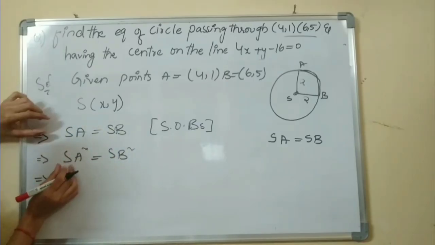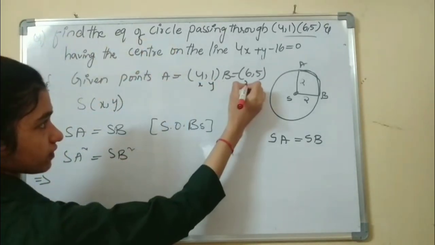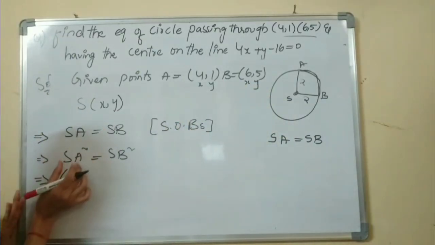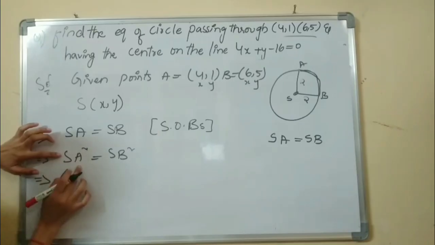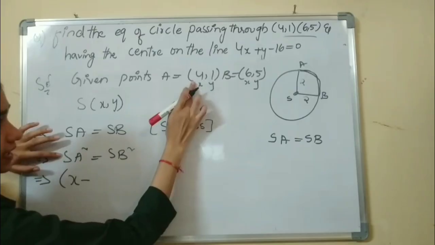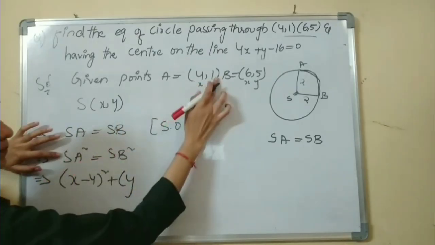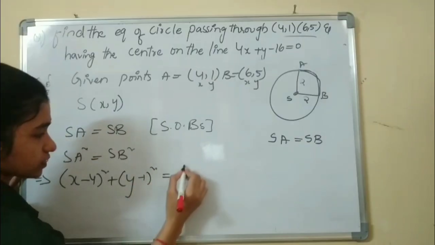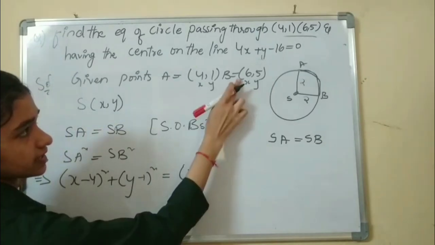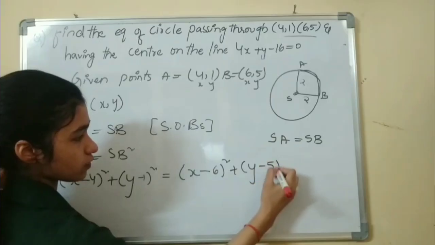Now S is (x, y) and A is (4,1). I'll take x, y so it will be clear for you. Next, what we have to do is substitute: SA equals (x minus 4) whole square, as it is, plus (y minus 1) whole square, equals SB, where B is (6,5): (x minus 6) whole square plus (y minus 5) whole square.